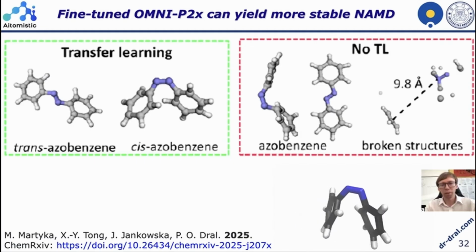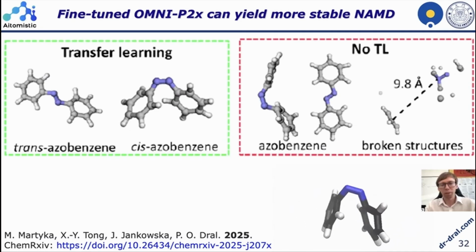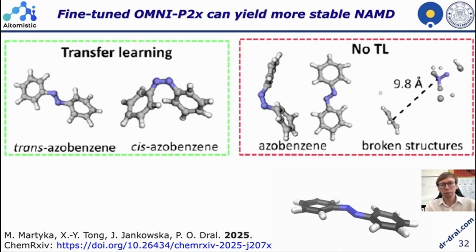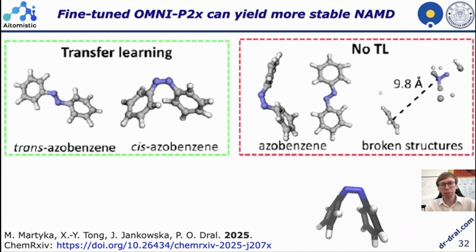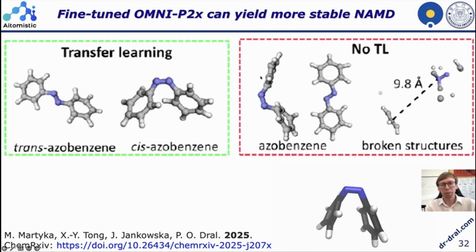If you take it out of the box, it's still not working correctly for nonadiabatic dynamics, while the biggest advantage is that it will require much fewer points if you want to upgrade it to your target level for your target molecule.